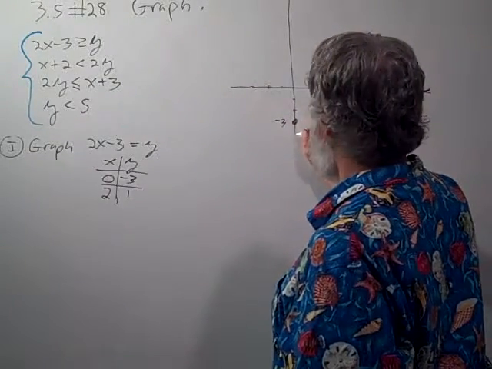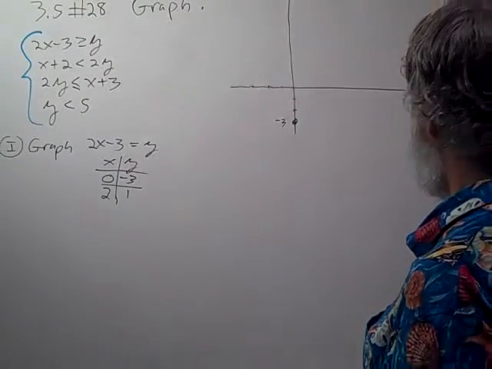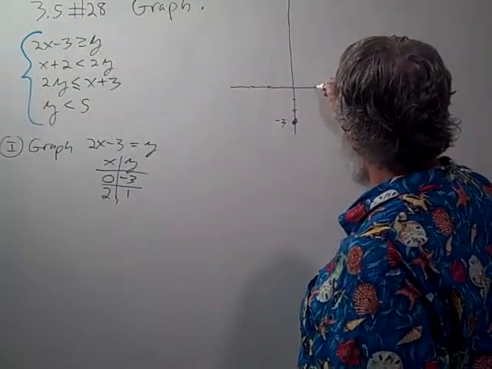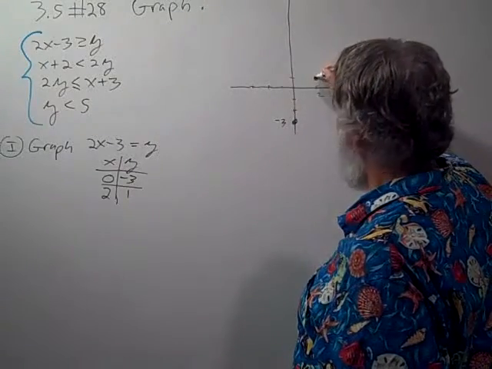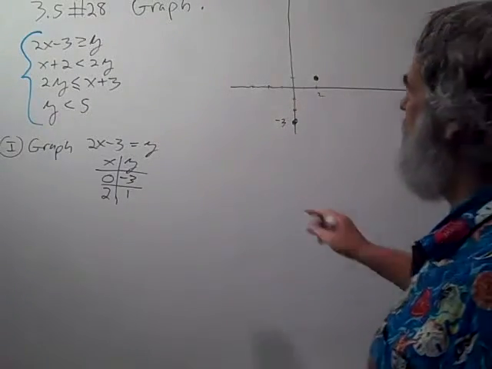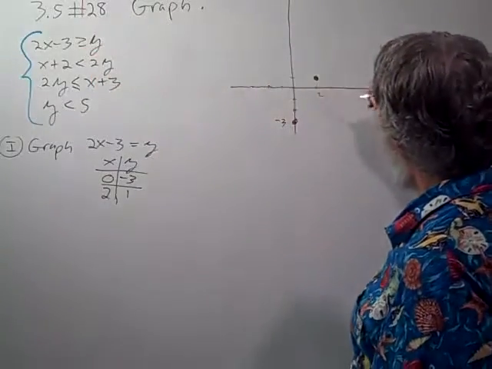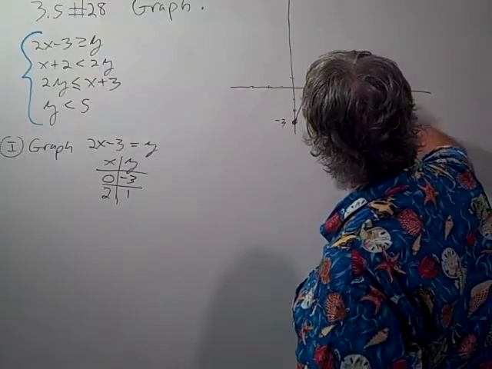So there's the first point on that line, 0, negative 3. Then go over 2, and I have to go up 1. There's the second point on that line. This is going to be a solid line because it's or equal to. So here's our first line's graph.